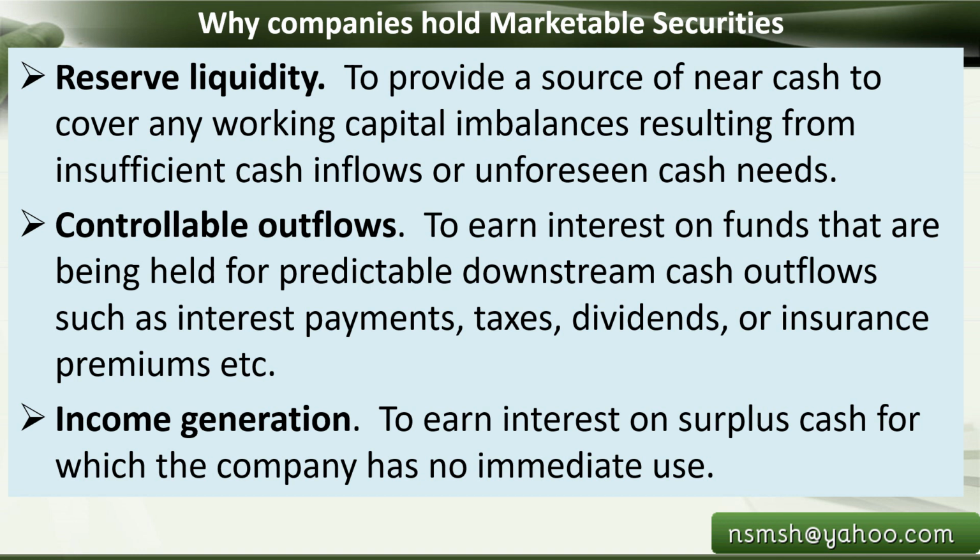Similarly, insurance. Another is income generation, to earn interest on surplus cash. If the cash is not in immediate use, they may put it in short-term marketable securities and get some income.